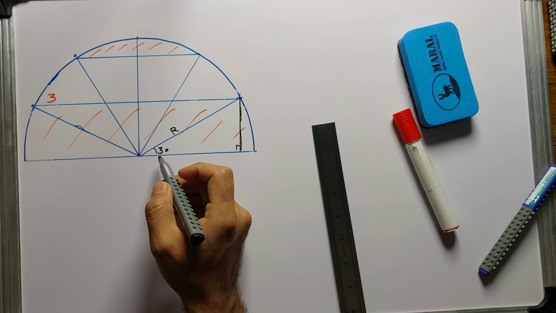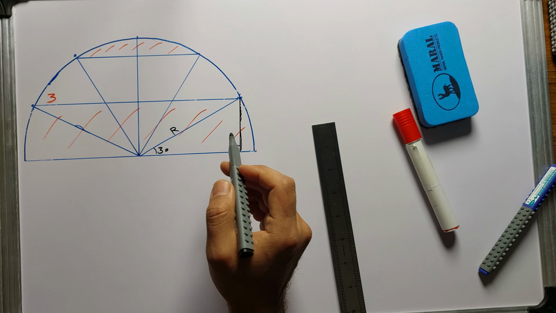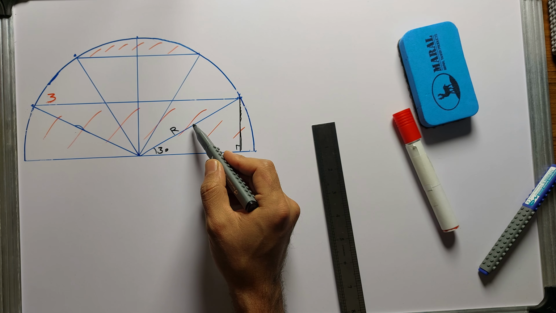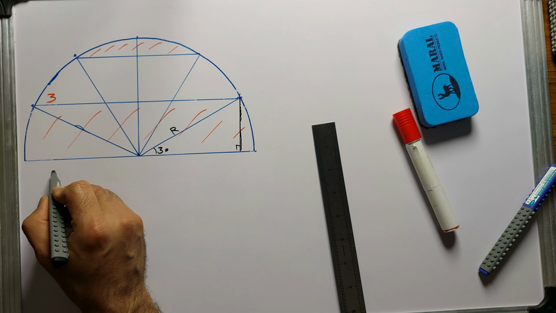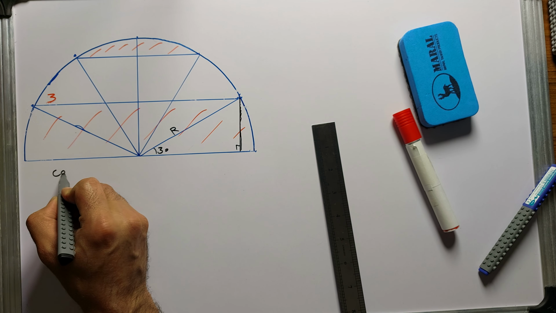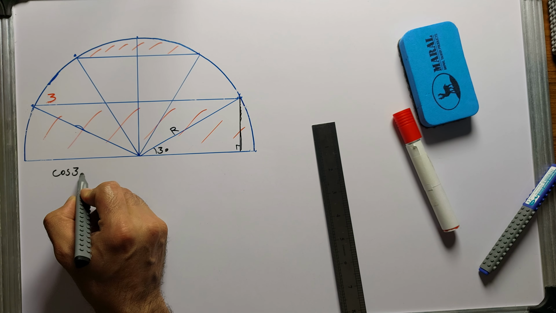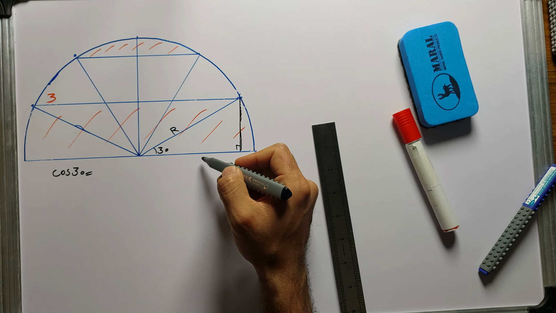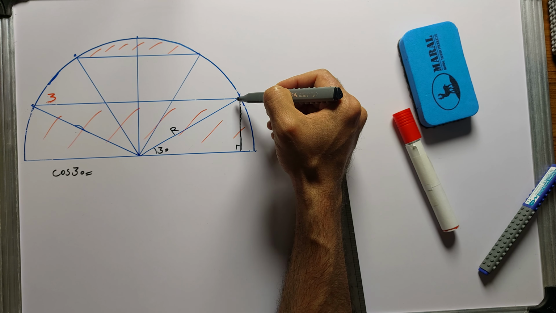So we know that the cosine of 30 degrees equals this adjacent side over r. This adjacent side equals this side, right?